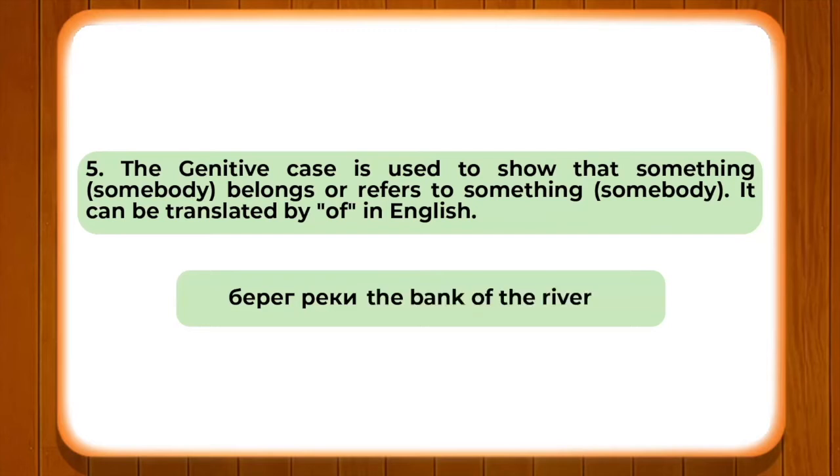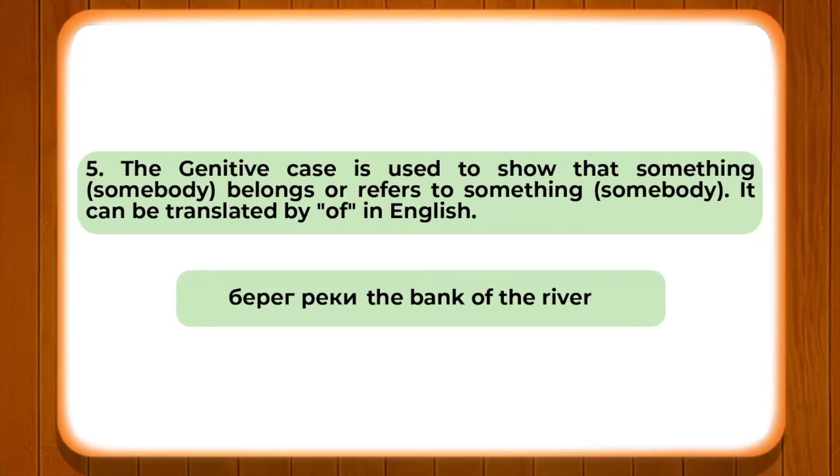Bank of river. And if you want to give an expression that of who, so брат, брата, brother of brother, and many other expressions which gives an expression of, so that we understand it properly.